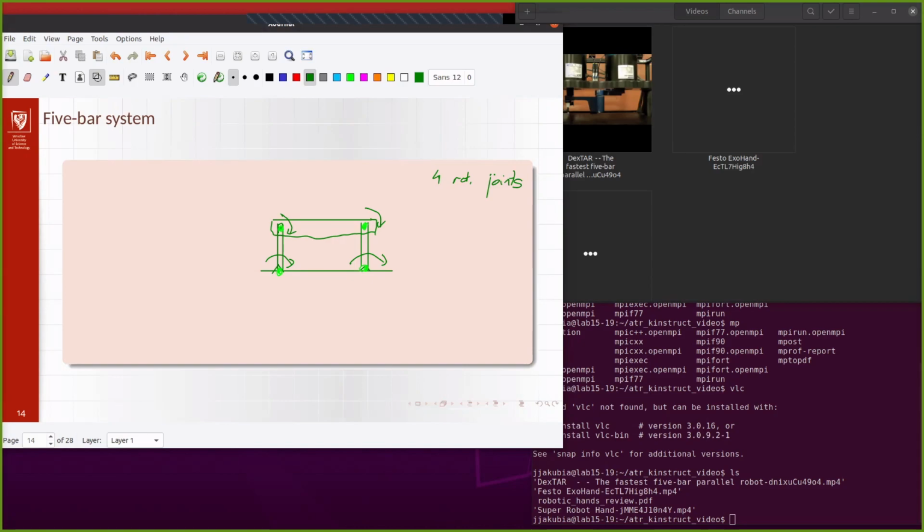Now the question is, how many degrees of freedom do we have in this object? How many independent controls can we apply in these joints? Does anyone want to guess or know the answer?